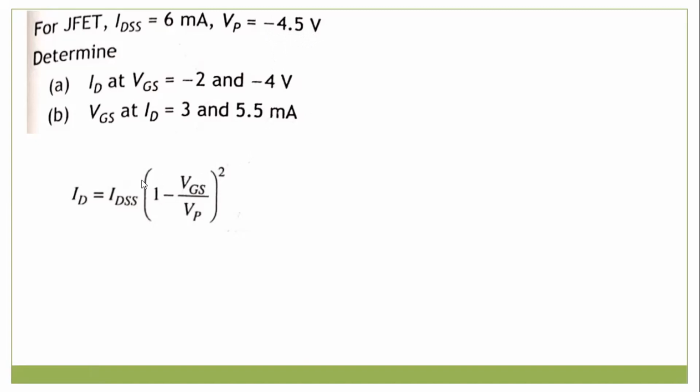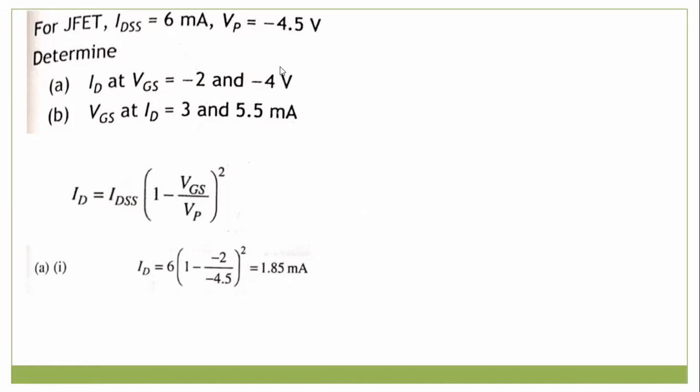If I substitute these values into this equation, I will get 6 into (1 minus -2 divided by -4.5) whole square. If I simplify this mathematical expression, I will get an answer of 1.85 milliamps.